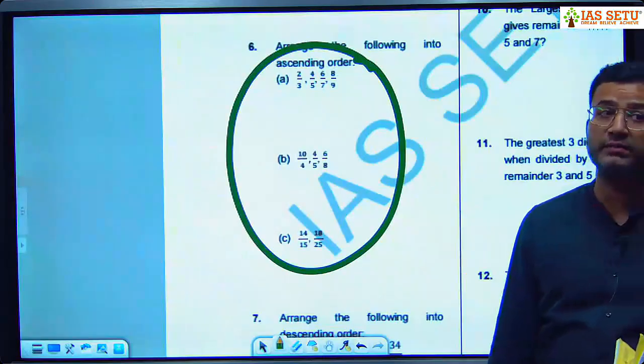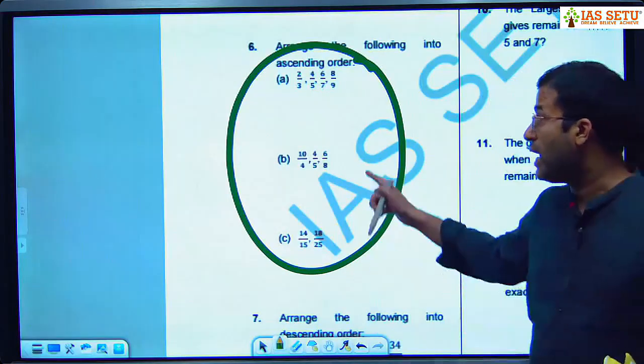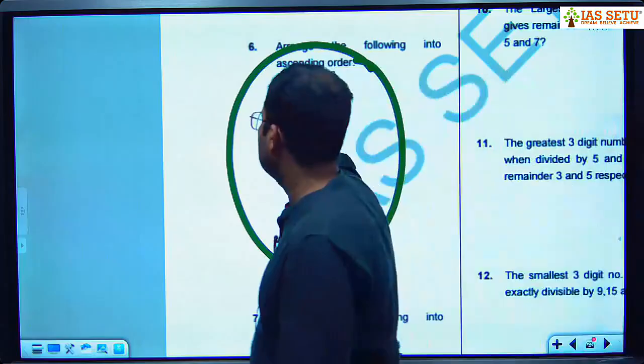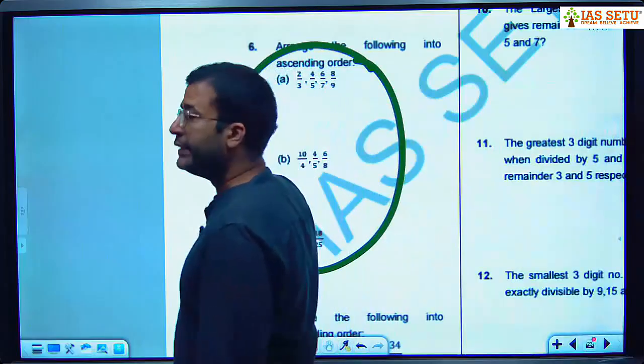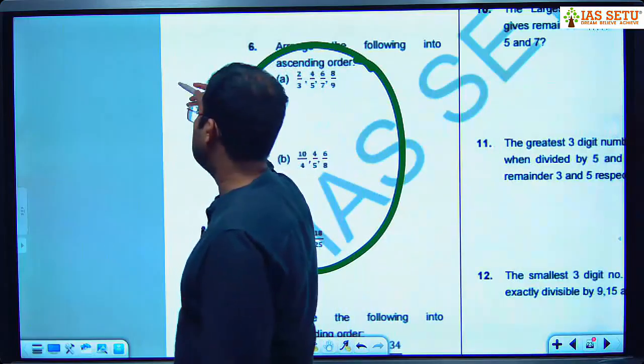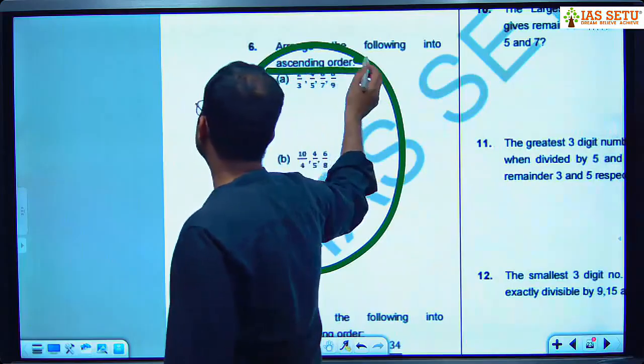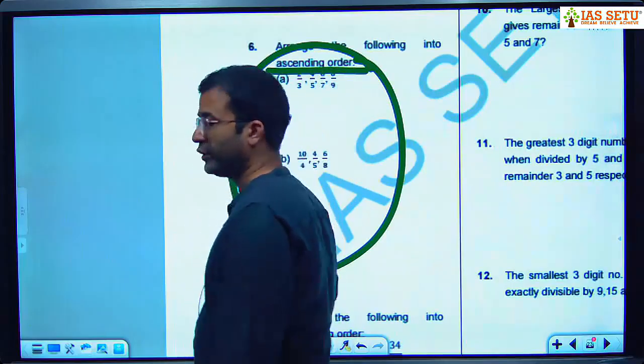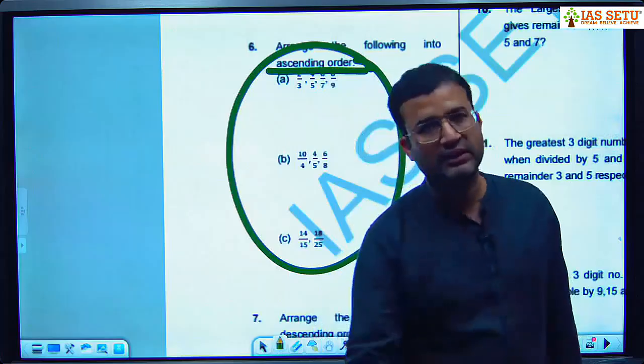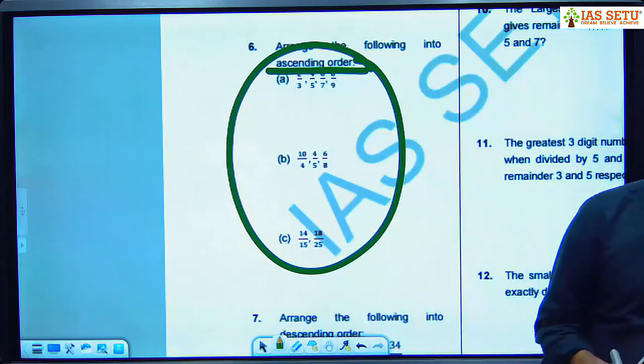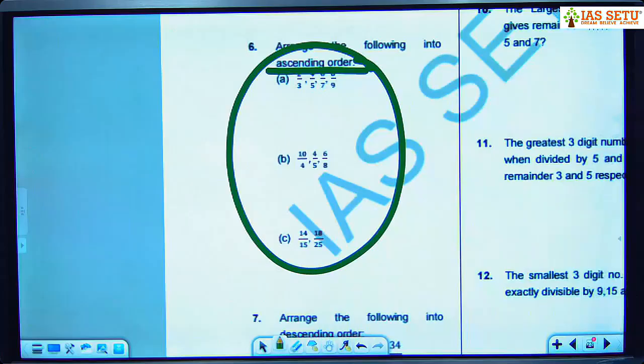If you use LCM, it will be more time consuming. I will discuss this in detail in a separate topic, how to put fractions in ascending descending order. HCF और LCM खत्म करते ही वो टॉपिक ले लूंगा मैं, ठीक है. I will take questions 6 and 7 in a separate topic.